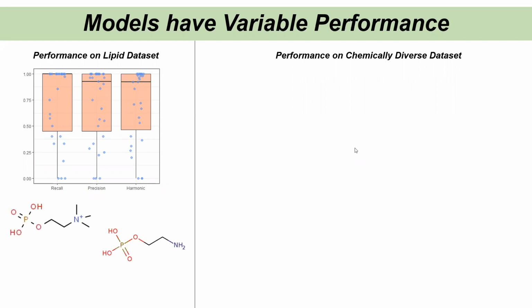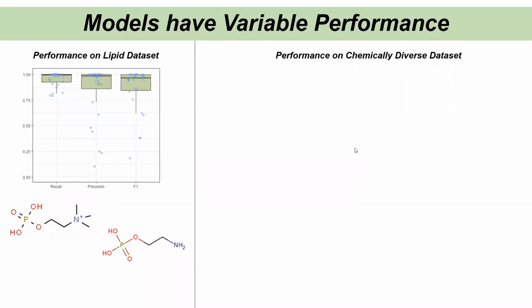These low-performing classes always had either a phosphocholine or a phosphoethanolamine head group, and these are structurally similar, which meant that the molecular formulas for these lipids were either very similar or indistinguishable. So we thought that perhaps giving structure information would increase performance.